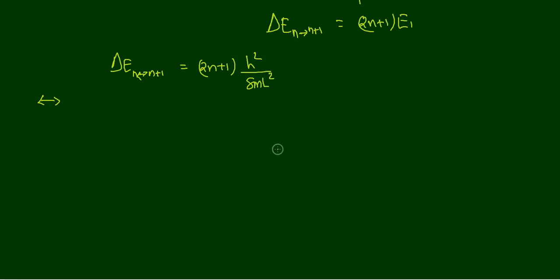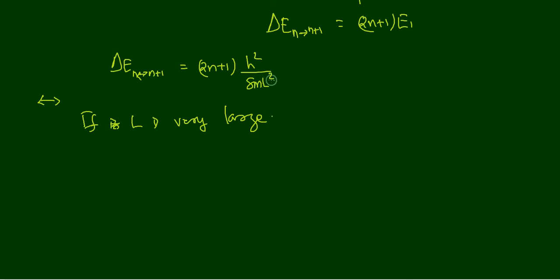So what is this equation saying? This equation says that if you are considering different values of L, the length of the box, and L is very large, for a very long box, what will happen?